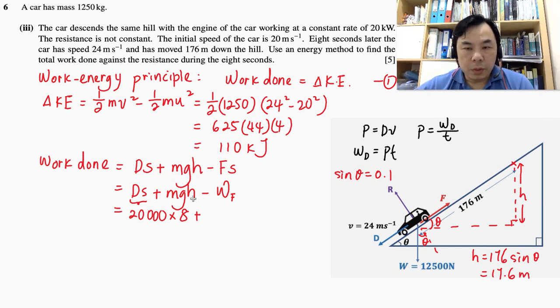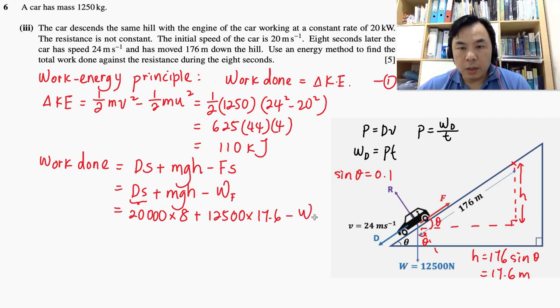So from here, I'm going to take 12500 by 17.6, which is the height where the car is actually moving. So the car actually gains gravitational potential energy here. And then next we have the work done against the resistive force.